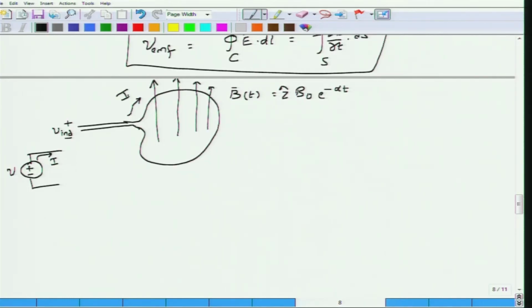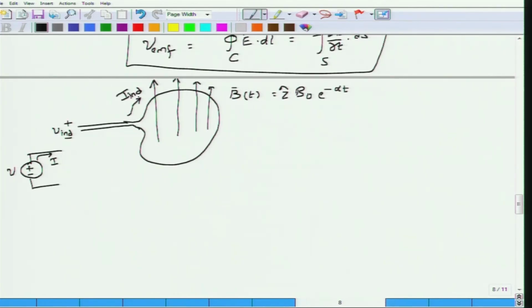Remember, this current is not initially present in the coil; it is there because of the changing magnetic field. I will write this as I_ind to indicate the induced current, and we want to find whether it will be clockwise, in the same direction, or anti-clockwise. If it is anti-clockwise, then the terminals for the induced voltage would also have to change. This is what we want to find out.